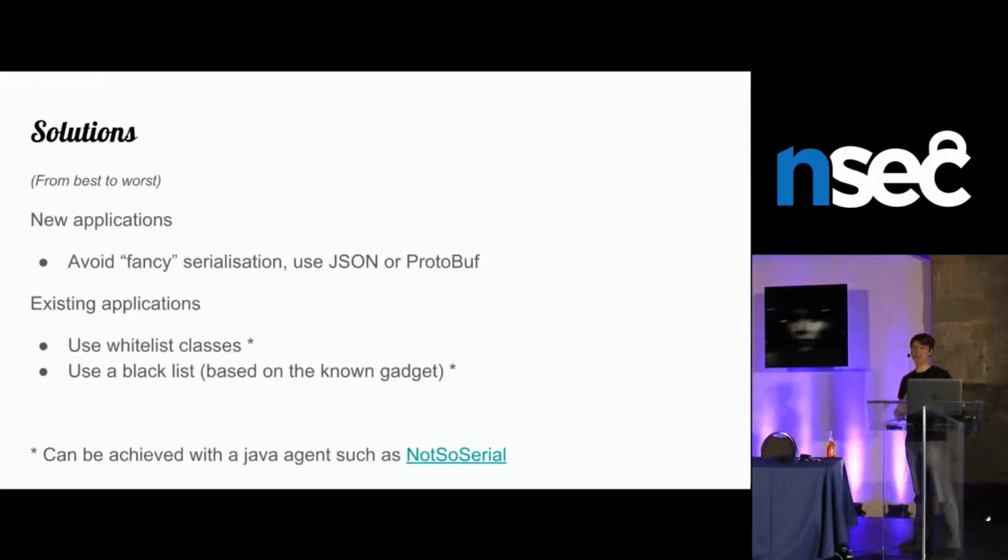For a new application, you should simply choose a library that does not do fancy behavior on deserialization, using JSON, or protobuf if you need a compact protocol. That's something to remember at design time, because afterward it will bite you, as you have more problems maintaining it and patching for the different gadgets.